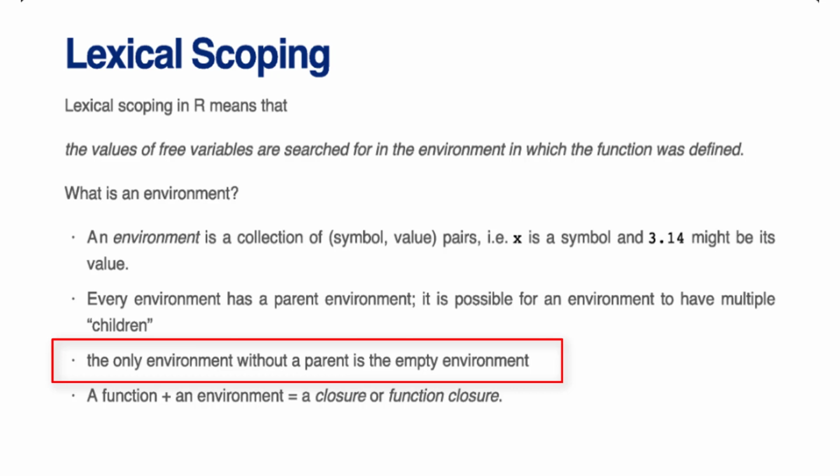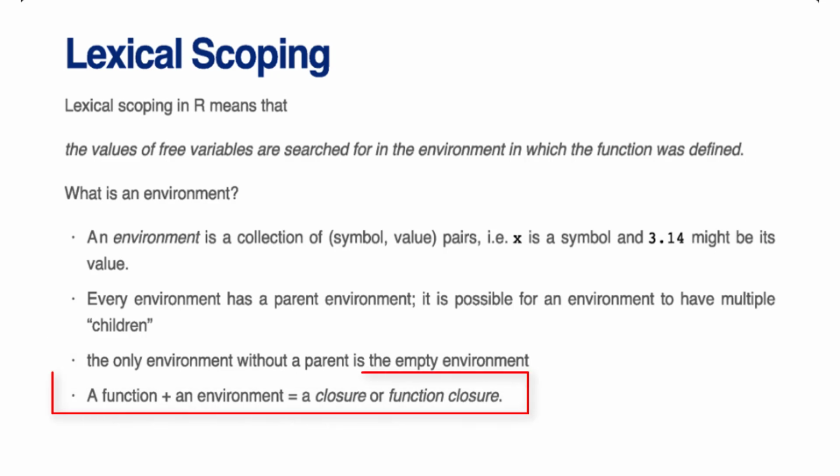And so there are all kinds of these environments. Each package has a namespace and that's like an environment. It has a bunch of symbols and values associated with it. And so the key thing in R is that if you take a function and you associate it with an environment, then that creates what's called a closure or a function closure. And these closures are key to a lot of different types of interesting operations in R.